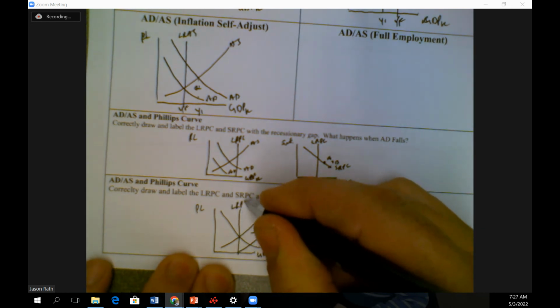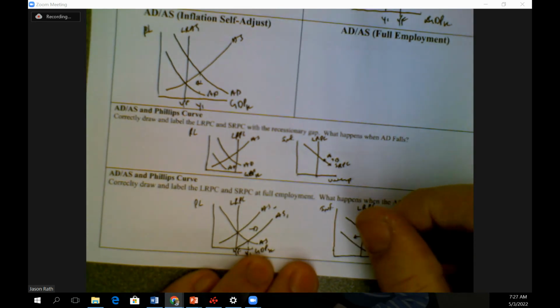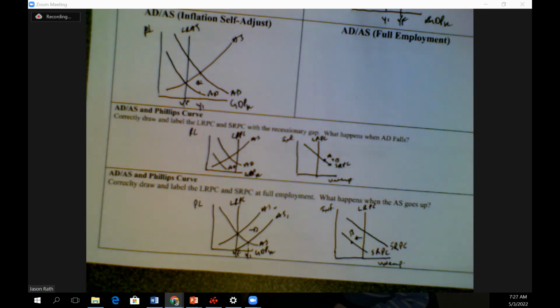And then don't forget, Mr. Ross not doing a good job of labeling things. And then we would be here. And that's what it would look like.